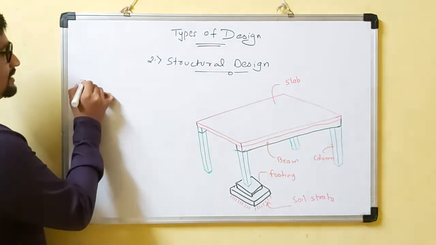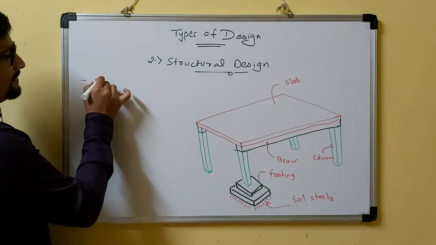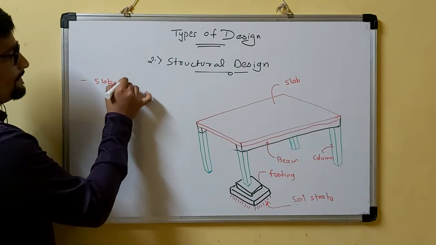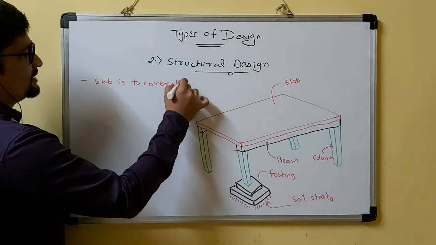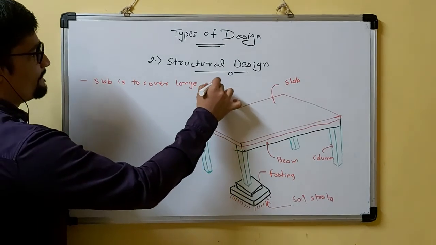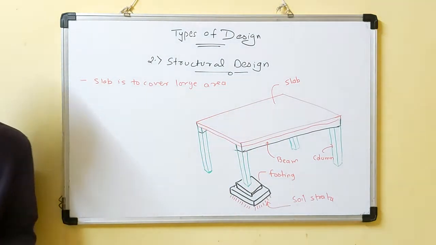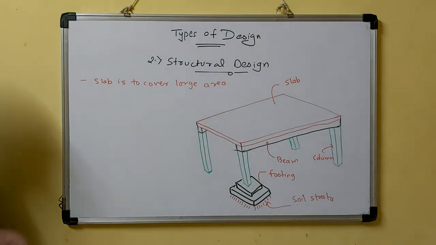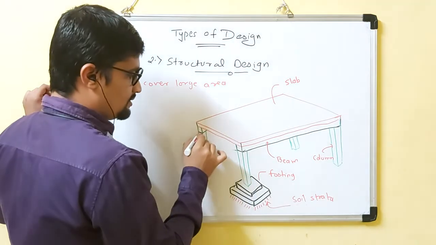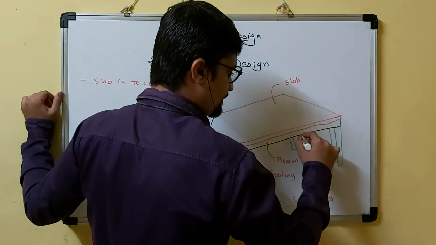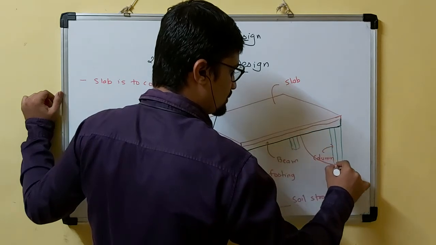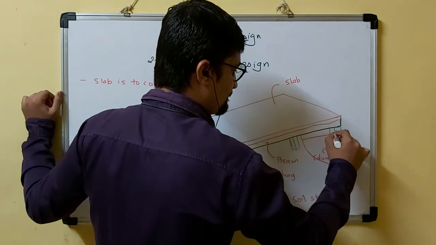So the principle of slab is to cover a large area. Here I missed something.